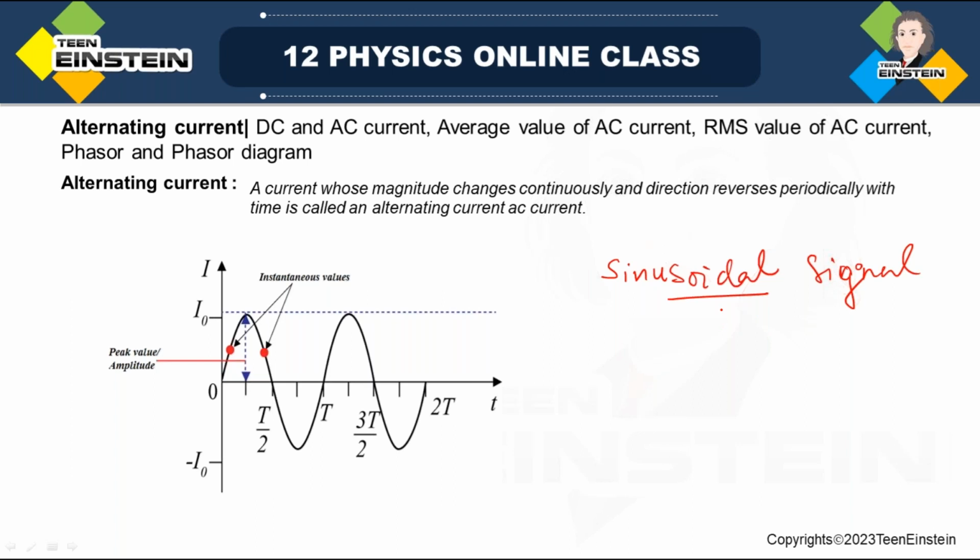Actually, whenever we say AC current or alternating current or voltage, we will take a sinusoidal signal. It will be either a sine curve or a cosine curve.